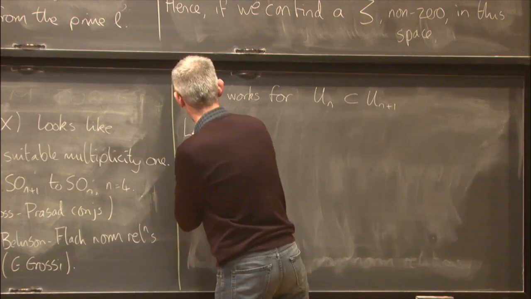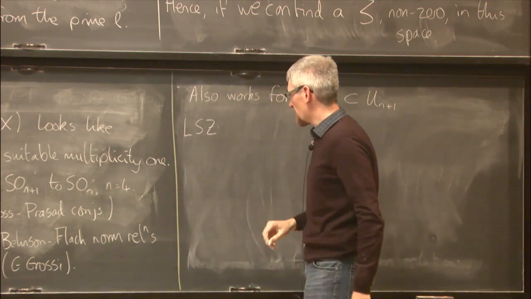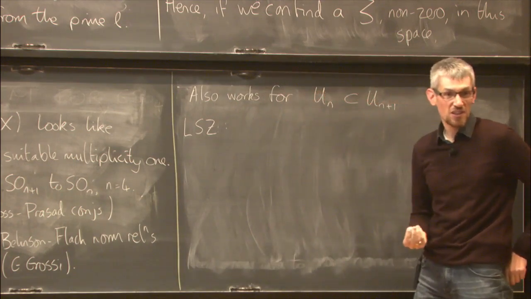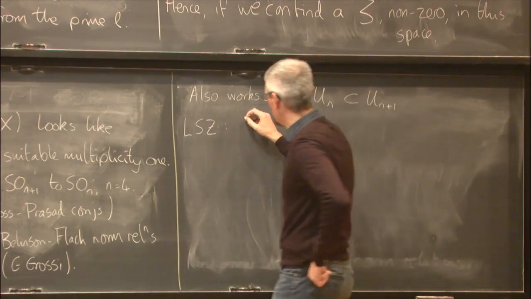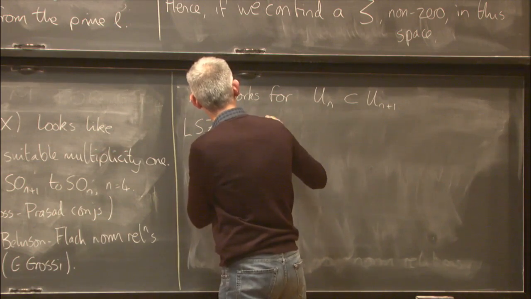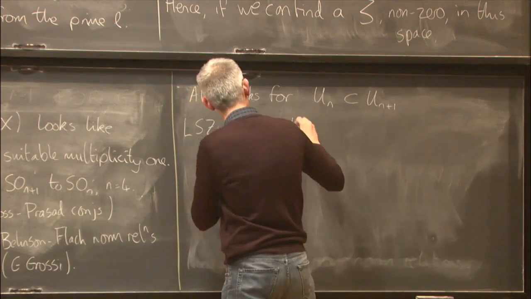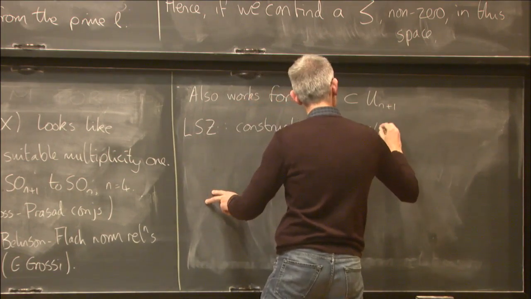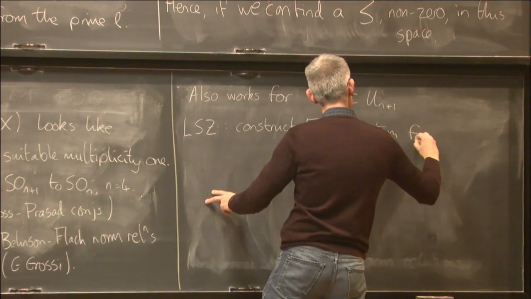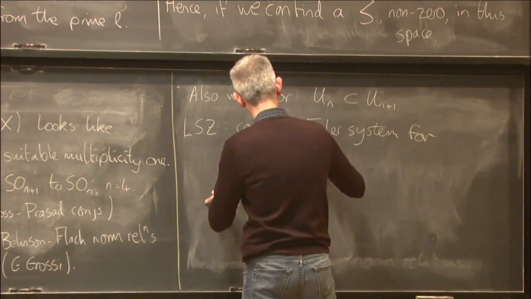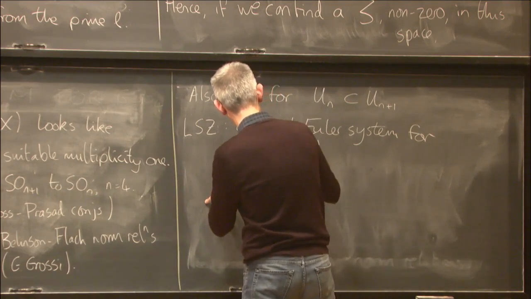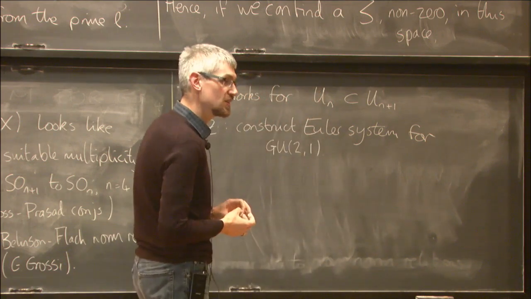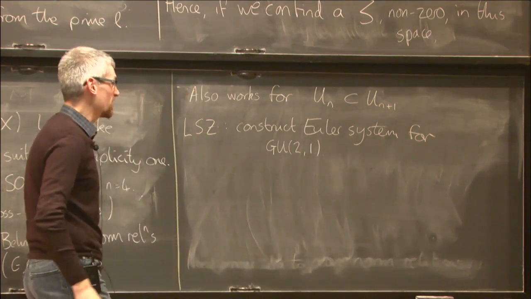And in work in progress by myself, Chris Skinner, and Sarah, we're going to use this to construct an Euler system for U(2,1), more accurately, GU(2,1). Sorry? It's nearly finished. Yes, this is in progress.